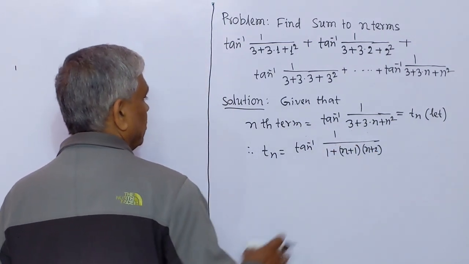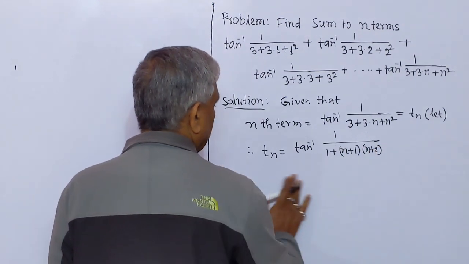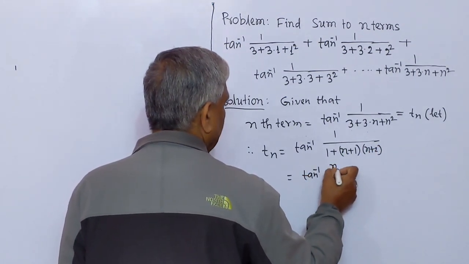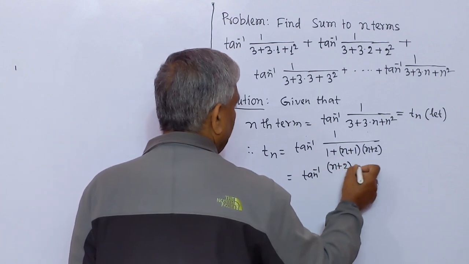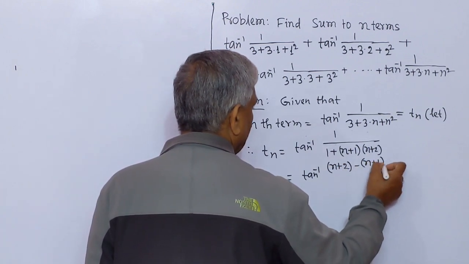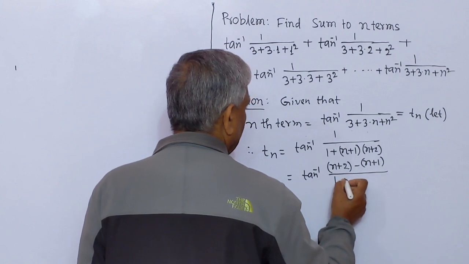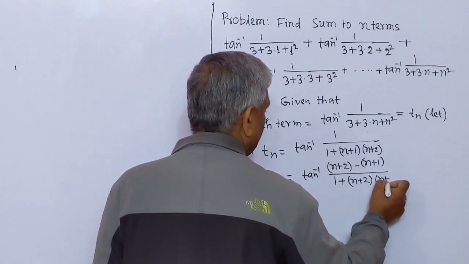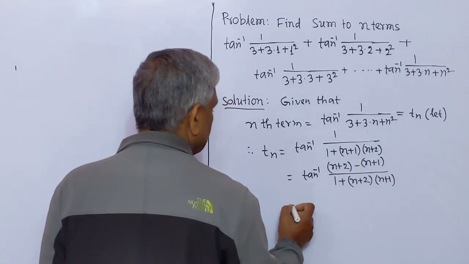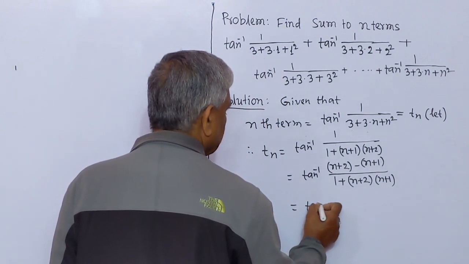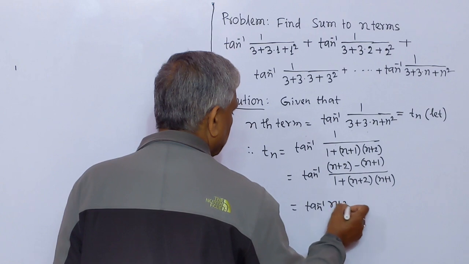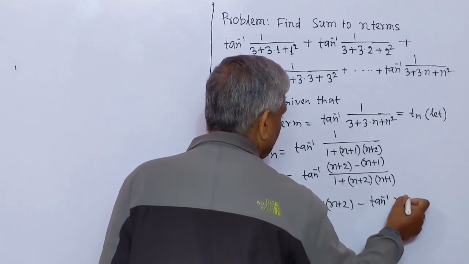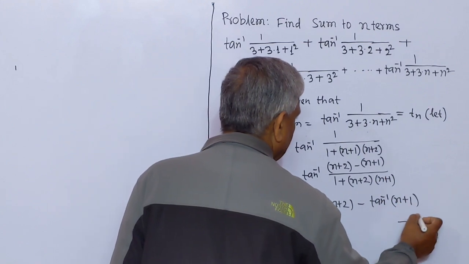So we have adjusted this and we may write this as tan inverse (n plus 2 minus n plus 1) by (1 plus n plus 2 multiply n plus 1), and this is equal to tan inverse (n plus 2) minus tan inverse (n plus 1). Let this be number 1.